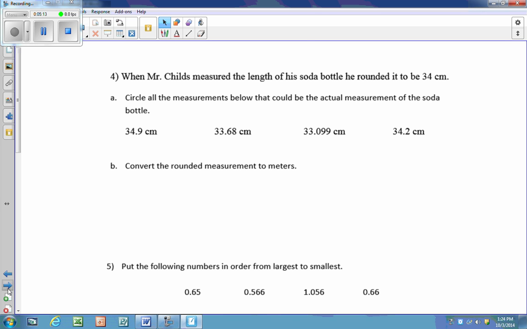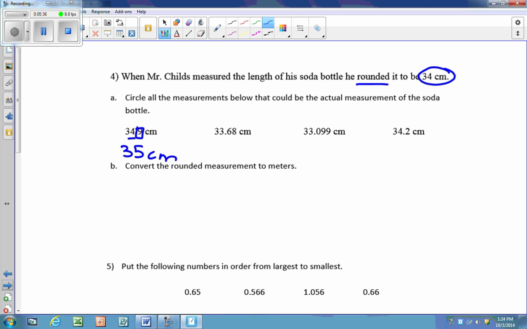Next, when Mr. Childs measured the length of his soda bottle, it said it rounded to 34. Since it's rounding to 34, I know I want my nearest whole number. As we learned yesterday, when you want your nearest whole number, you want to make sure that you're rounding to the ones place. So I'm going to try to round each of these to the ones place.